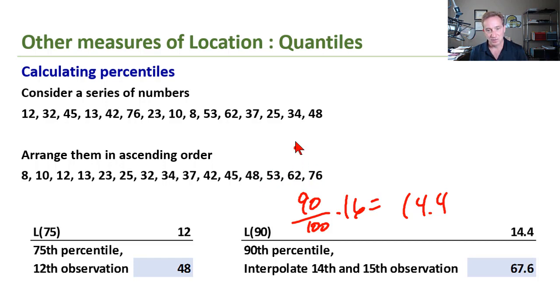Here's our 14th, and here's our 15th. It's not a round number, so we're interpolating. The distance between 62 and 76 is 14. So we go 40% of that distance, or 40% of 14 is added to the 62, and that's 67.6, our interpolation.